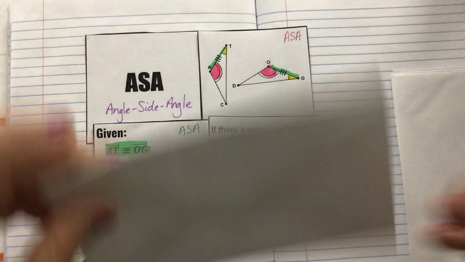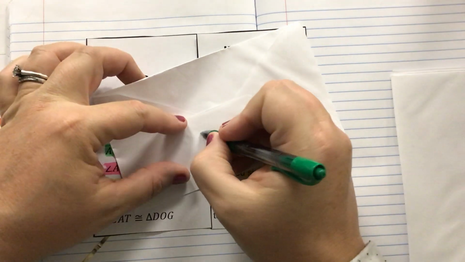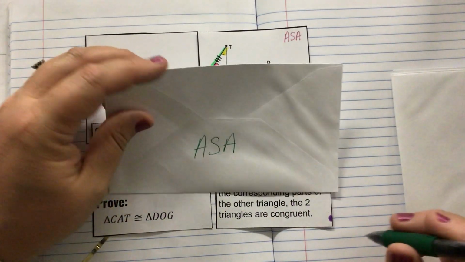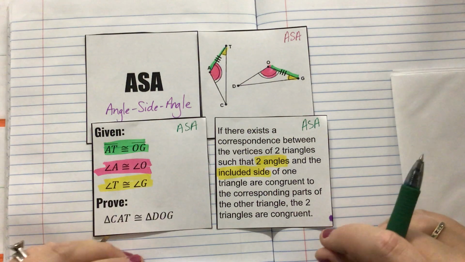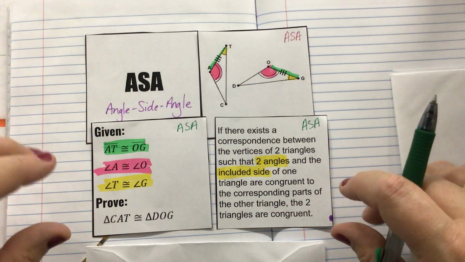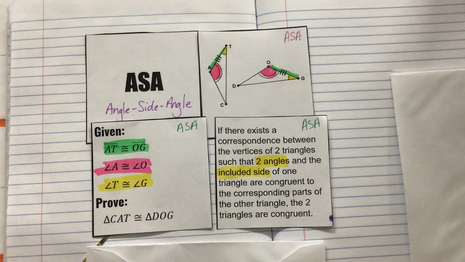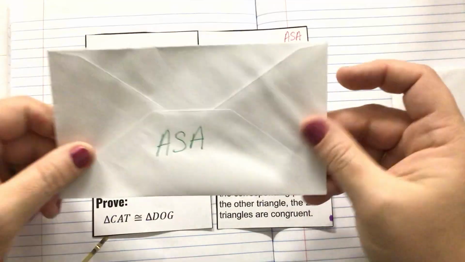Okay. On your envelope, obviously you're going to write ASA for angle, side, angle. Okay, everybody good with the four cards before I put them in there? Nope, okay. So once you have them, you're going to put it in the envelope.